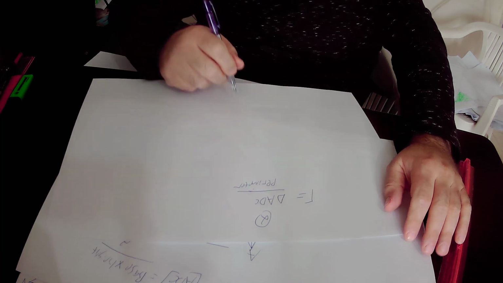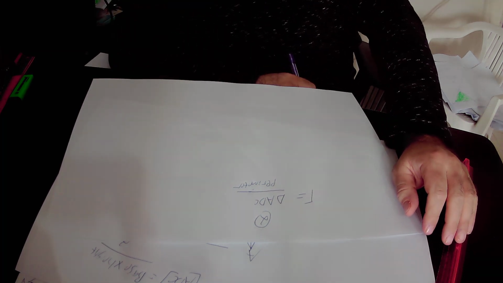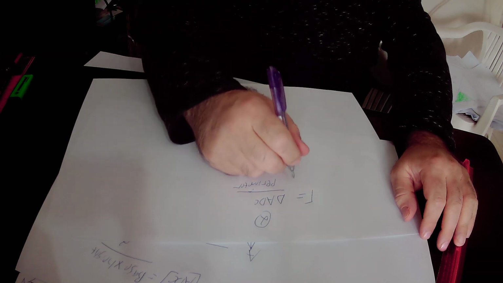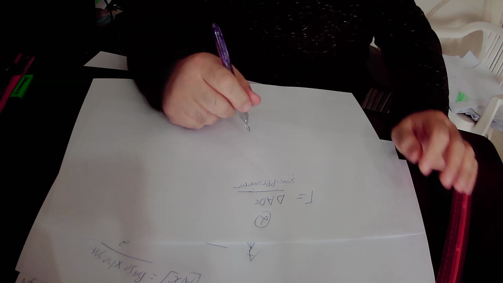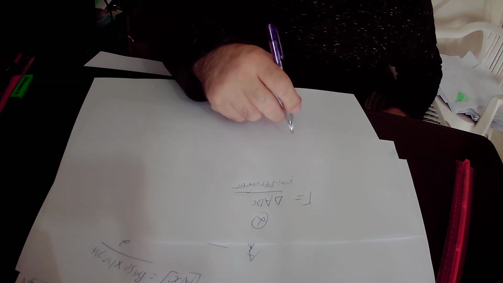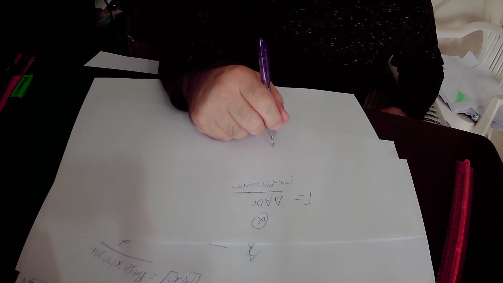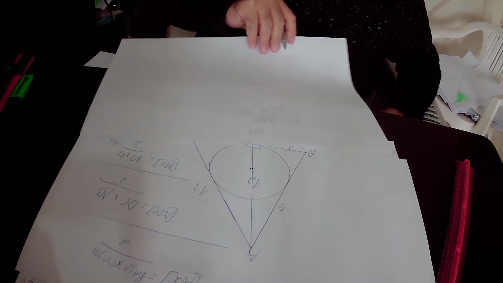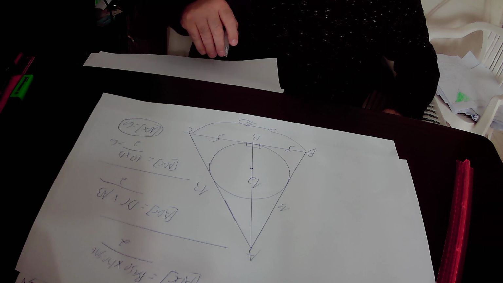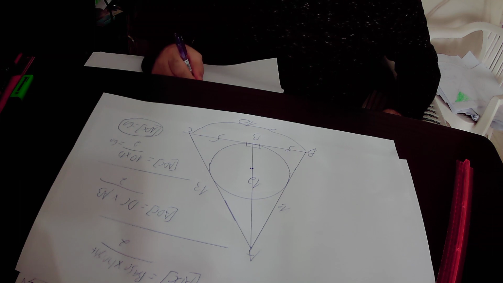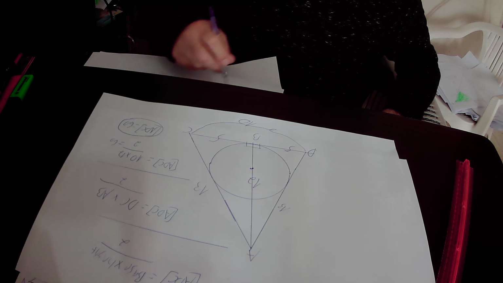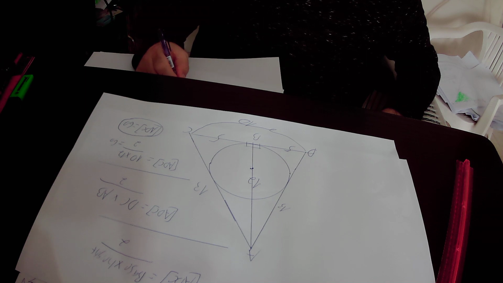The semi-perimeter of any triangle is equal to the perimeter over 2. And the perimeter of triangle ADC, the isosceles triangle, equals AD plus AC plus DC, over 2. The perimeter over 2 is the semi-perimeter.